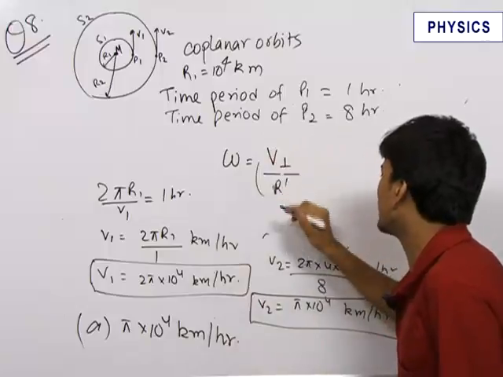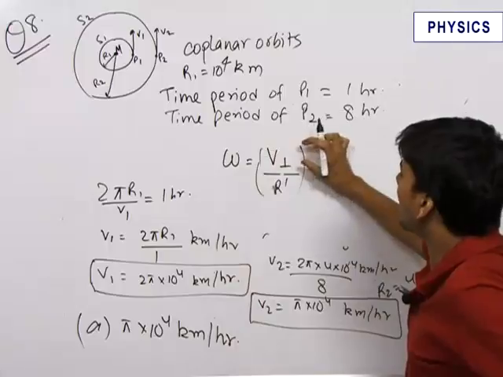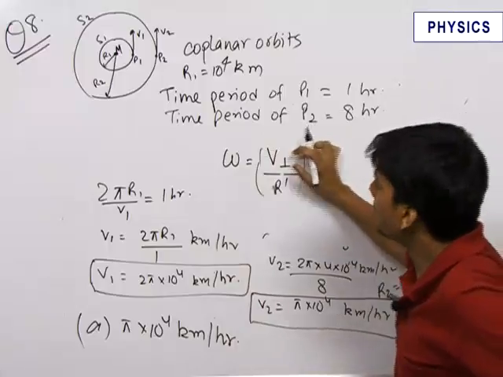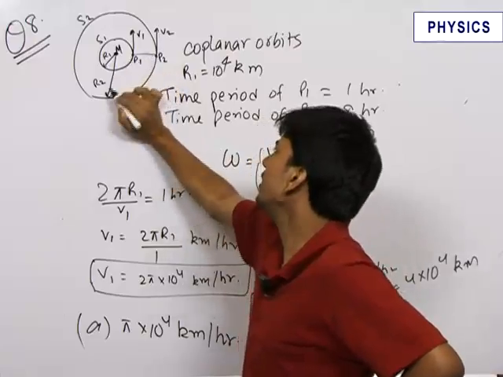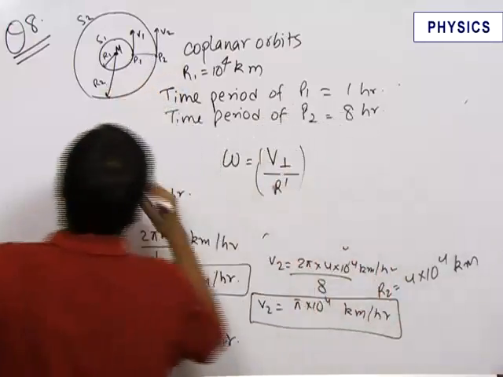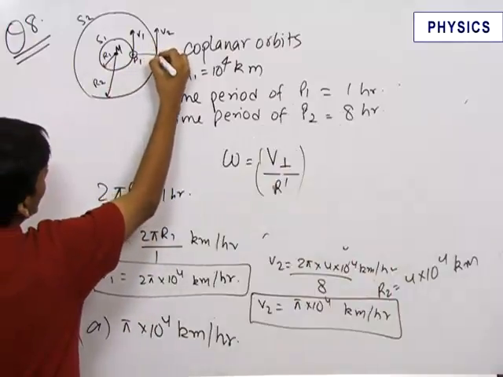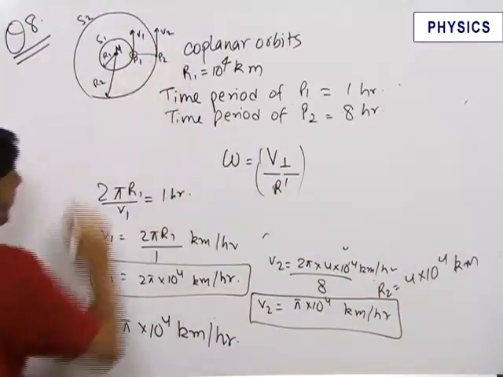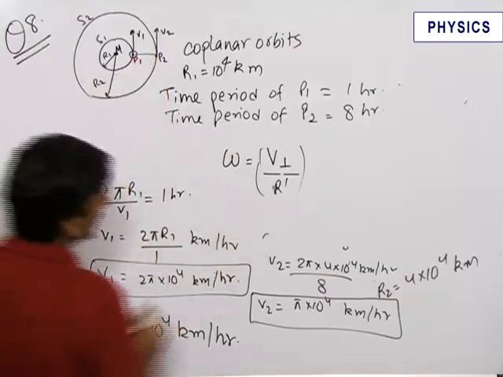V perpendicular is the relative velocity in the perpendicular direction as observed by an observer in P1. V perpendicular means relative to P1, what is the velocity of P2 in the perpendicular direction, and r' is the distance between those 2 points.